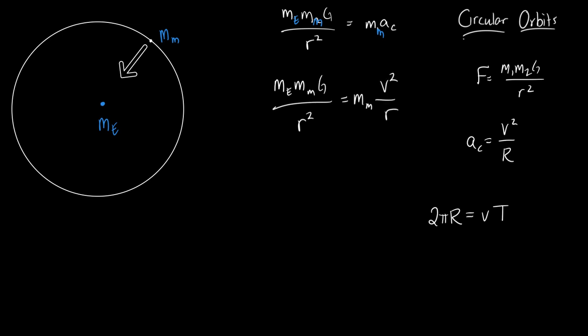Good so far? Now, the first thing you could do is solve this for V. And there's every reason to take a minute and do so, because this tells you the velocity of any orbit. How fast does your spaceship have to be traveling to be in that particular orbit? You should put in the radius of the Earth here. The radius of the Earth is 6.37 times 10 to the 6th meters.